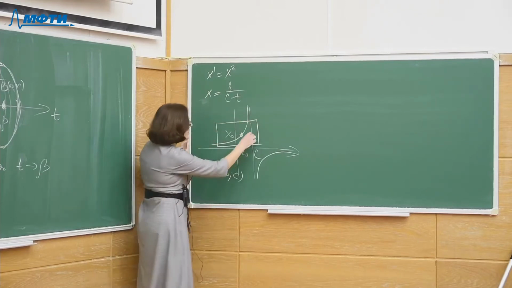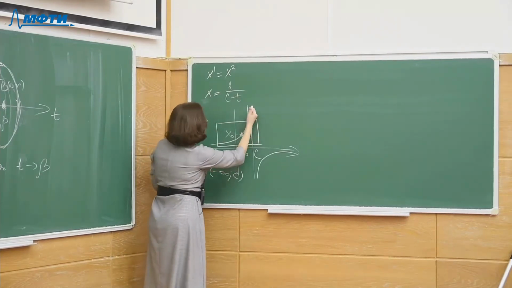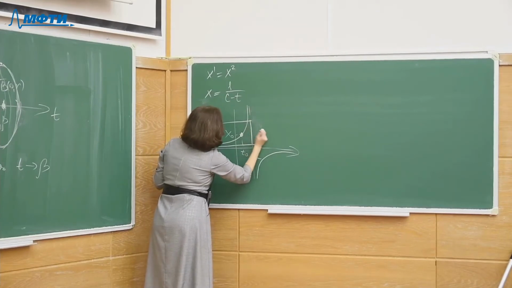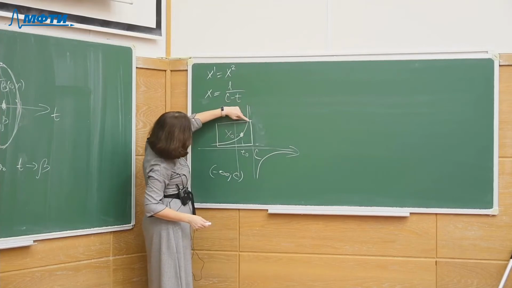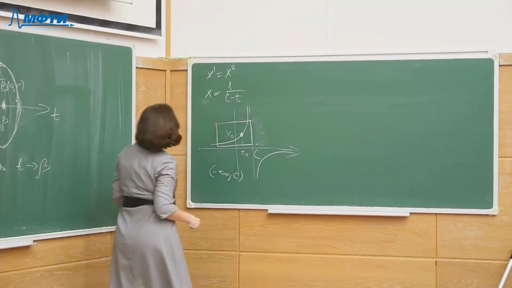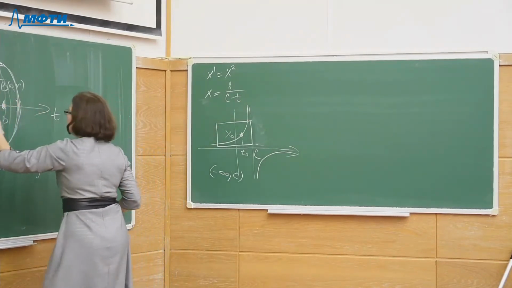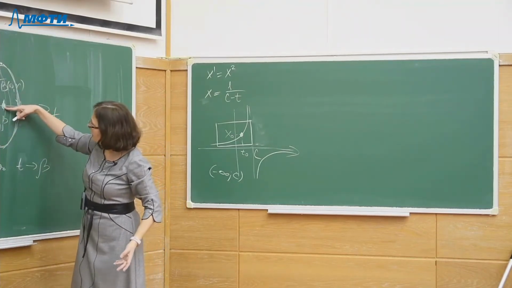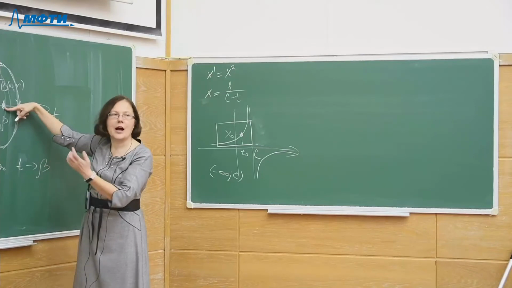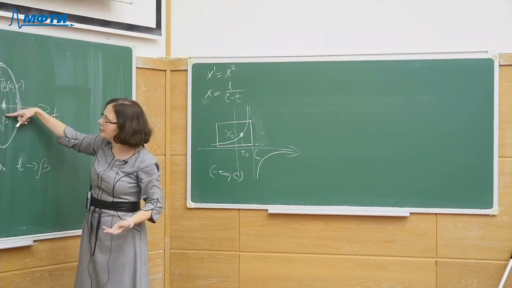Or if we consider this compact set, maybe equals c, we must intersect this upper bound. And the same is true for this figure. So we can't intersect this, because by assumption our solution is not defined for beta.